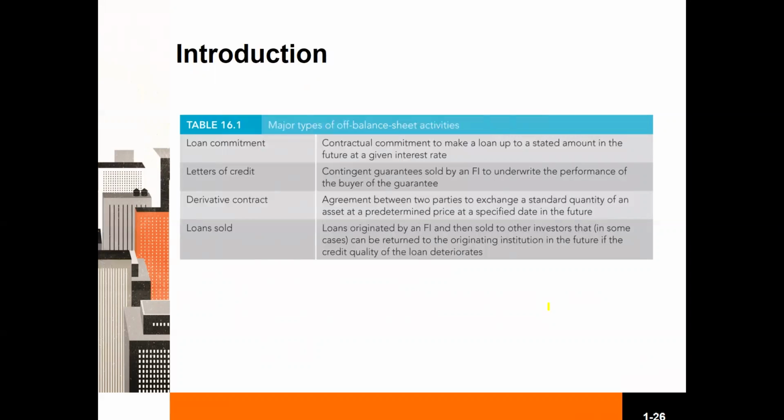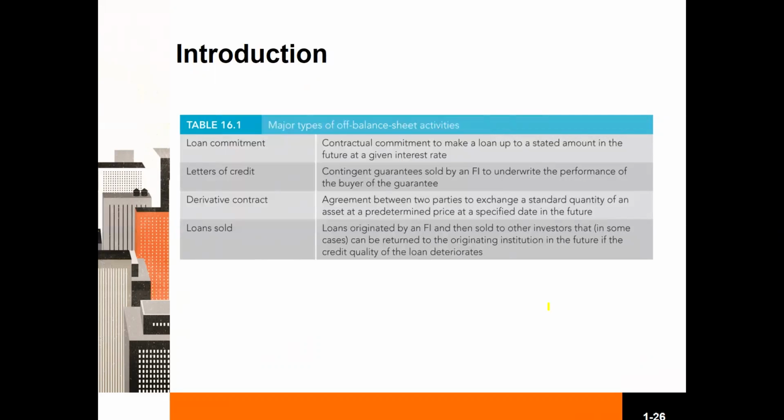You also know about derivative contracts, which are essentially agreements between two counterparties to deliver a standard quantity of an asset at a predetermined price at a predetermined date in the future. And loans sold: we discussed earlier that sometimes a bank makes a loan to a large borrower and then pieces of the loan are sold to others.